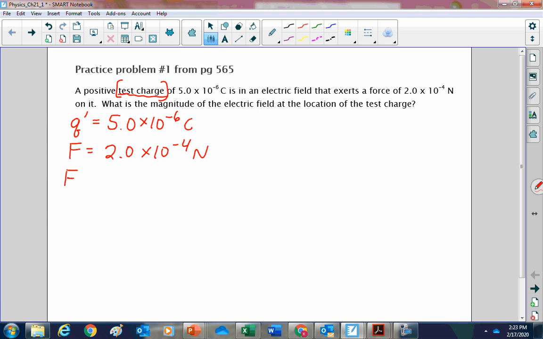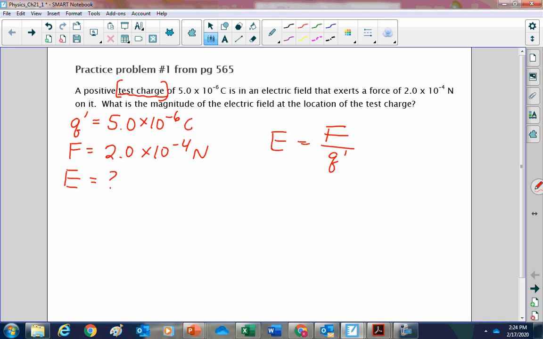The variable we're using for electric field strength is just capital E. So if you look at your formula sheet, there's a couple formulas that involve capital E. But the one that we have enough information to solve for is E equals force divided by Q prime.